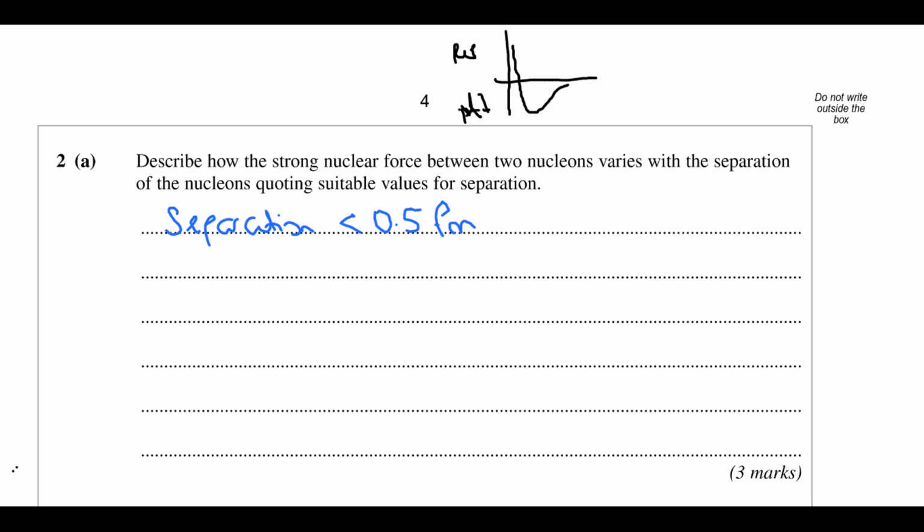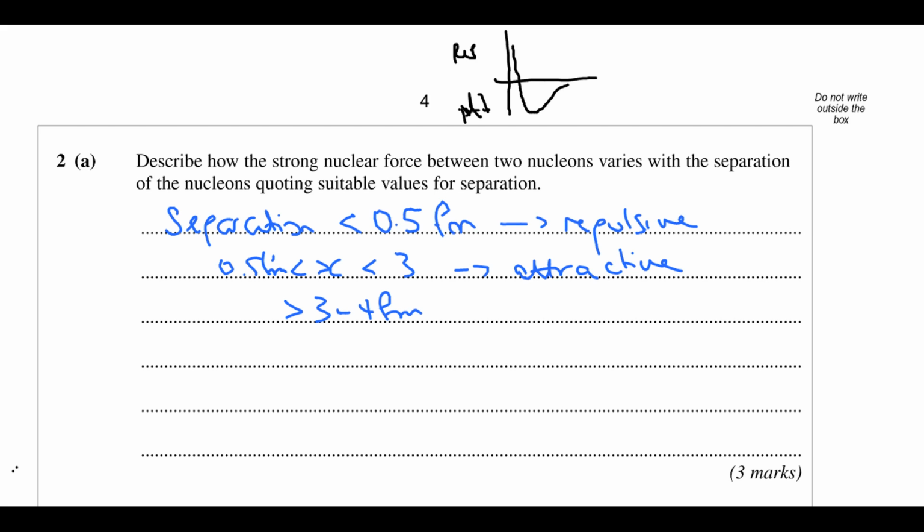I'm just short of space because the writing on this tablet takes up more space. The force is repulsive. And then your separation is between 0.5 femtometers and 3. It's attractive. And then greater than 3 to 4 femtometers, there is no force whatsoever because you're outside the range of the strong interaction.